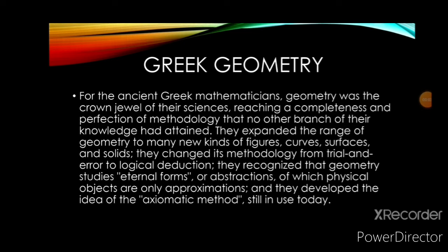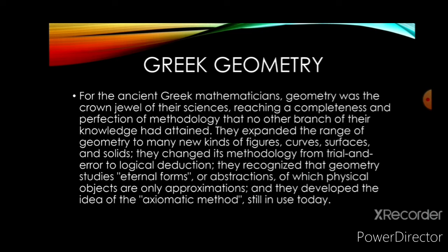For the ancient Greek mathematicians, geometry was the crown jewel of their sciences, reaching a completeness and perfection of methodology that no other branch of their knowledge had attained. They expanded the range of geometry to many new kinds of figures, curves, surfaces, and solids. They changed its methodology from trial and error to logical deduction.